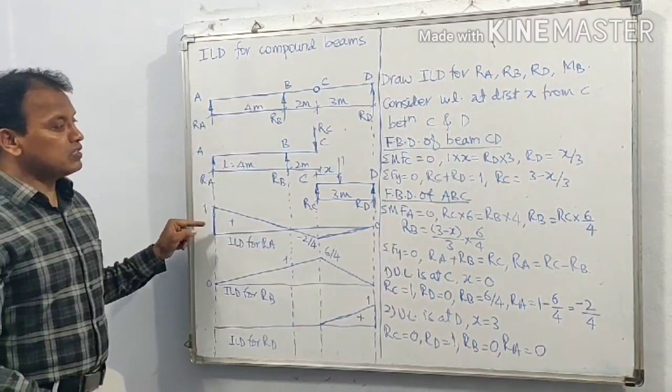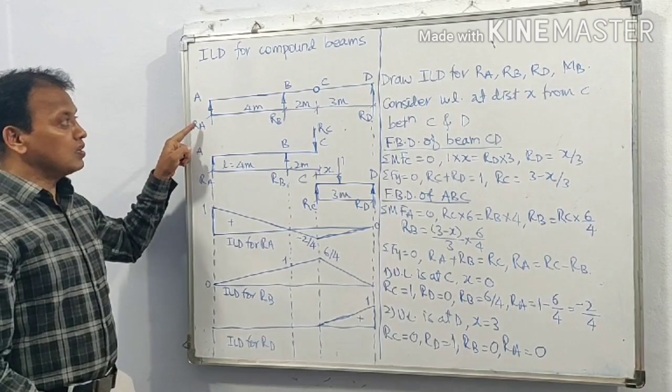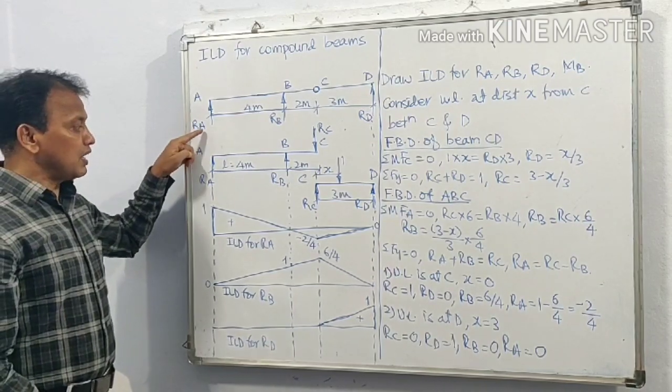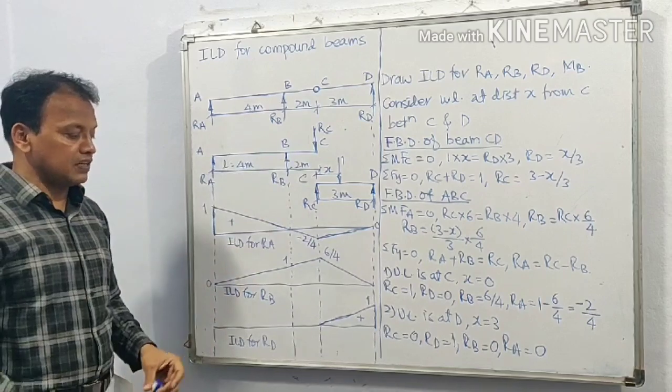So these are the influence line diagrams for this compound beam for the reactions RA, RB and RD.